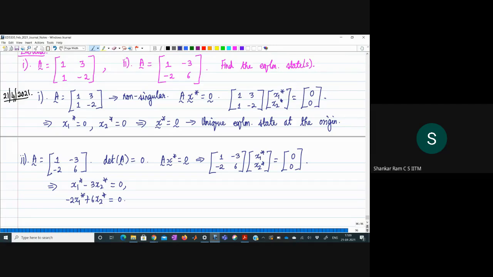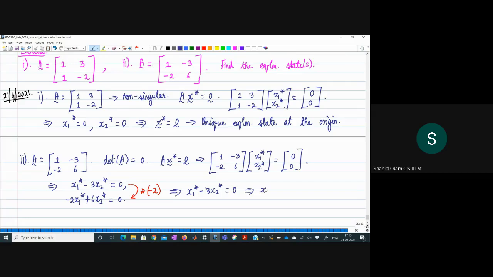In fact, if you multiply the first equation by minus 2, you get the second equation. So these two equations imply that x1 star minus 3x2 star is equal to 0. There is only one equation in reality, right? However, we realize that there are two unknowns but one equation.